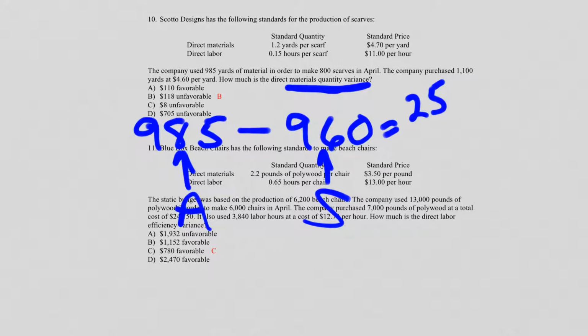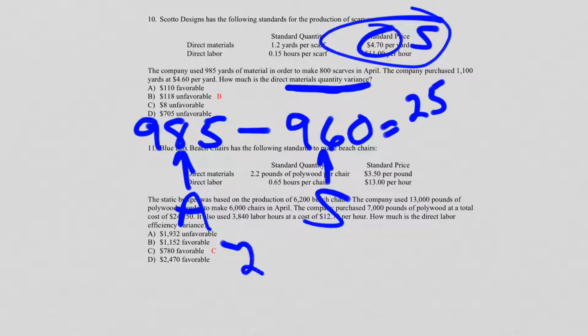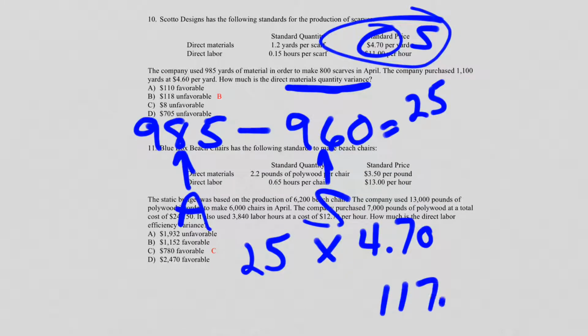Now let's translate that in terms of the standard dollar amount, so 25 times the standard dollar amount per yard will translate it into a dollar figure. So if 4.70 is the standard dollar amount per yard, let's multiply it out. The difference is 25 times the 4.70 per yard, and we wind up at 117.50.